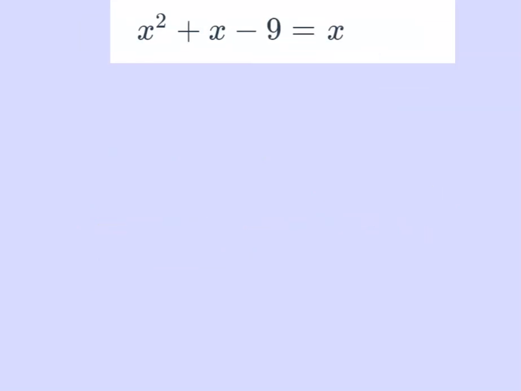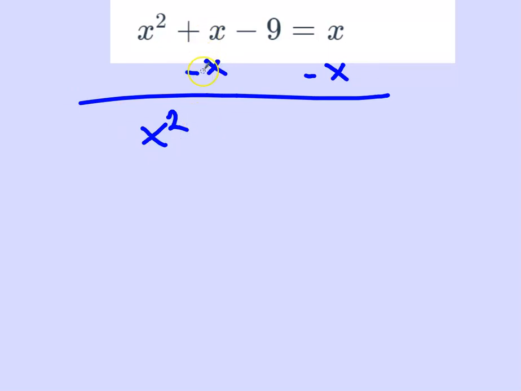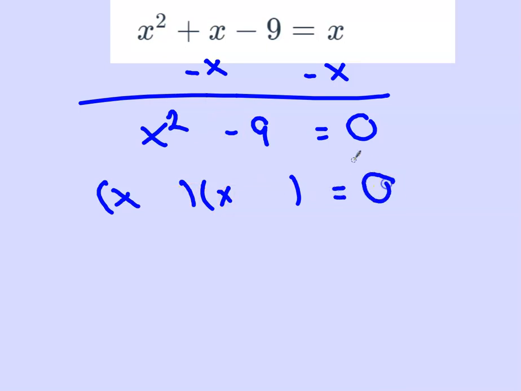This one, once again, is not equal to 0, so no problem. We'll just take care of that by subtracting x from each side. And I get x squared minus 9 equals 0. So you could either factor this and look for a pair of numbers that multiplies together to get negative 9 and adds together to get 0, or you could remember that when you have a difference of squares, you always end up with the square root of that number, and then one of them is positive and one's negative.